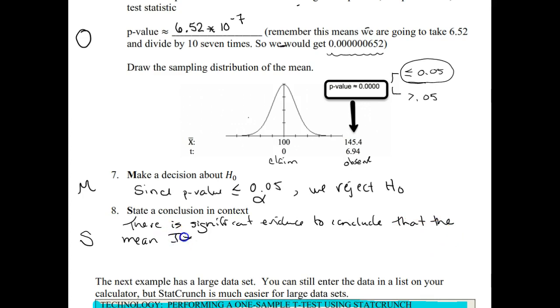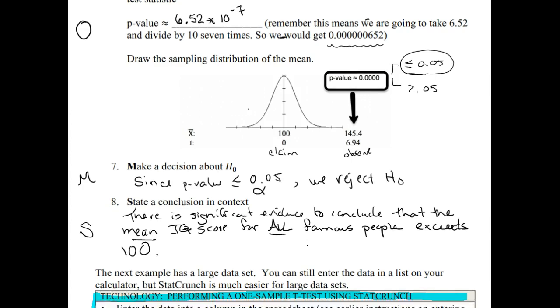So the mean IQ score for all famous people exceeds, or is greater than, which means the same thing, exceeds 100. We only looked at data of 20, but the data in just those 20 data points was so overwhelming that we could conclude that we think it's true for all, that the mean IQ score for all famous people would also exceed 100.